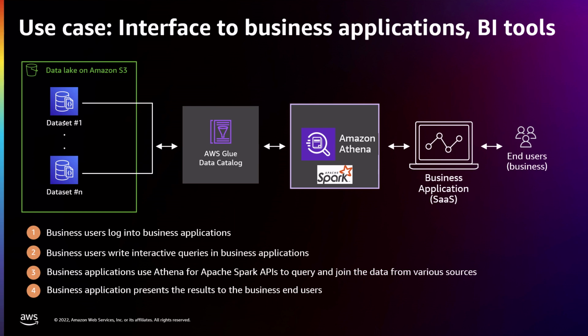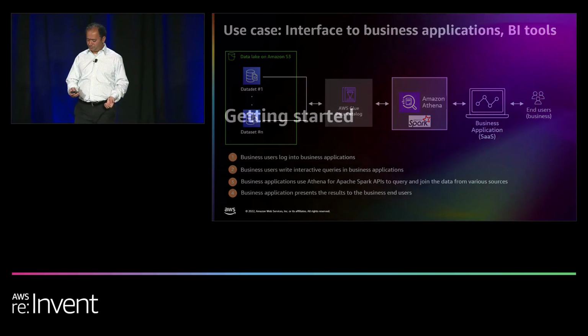And they click on these interactive widgets, that in turn will generate queries. Now, your business application will then use Athena for Spark APIs to query the various data sources, aggregate the data, and process it in a form that your business application needs. And once it gets that, the business application then presents this data to the end users.